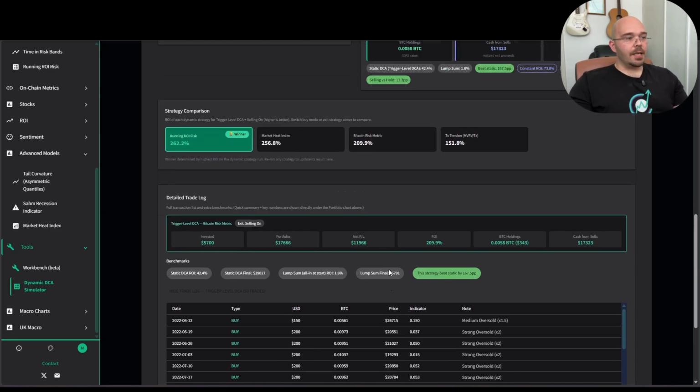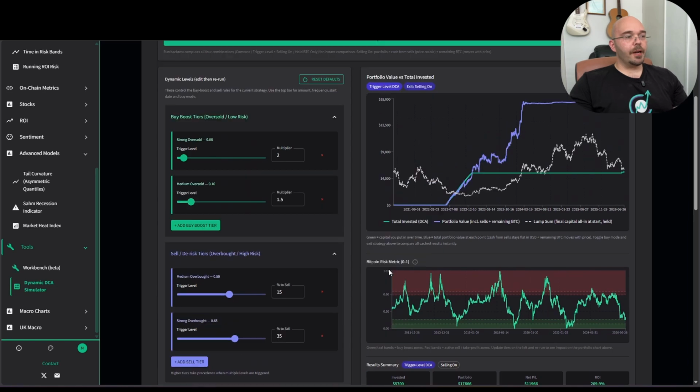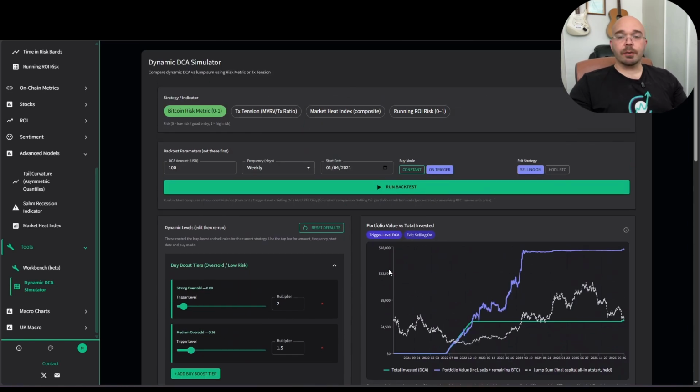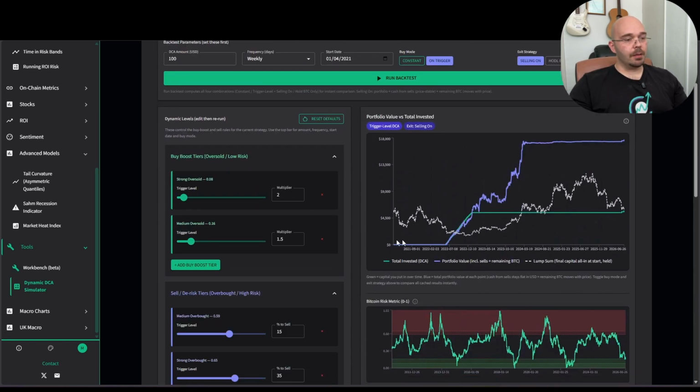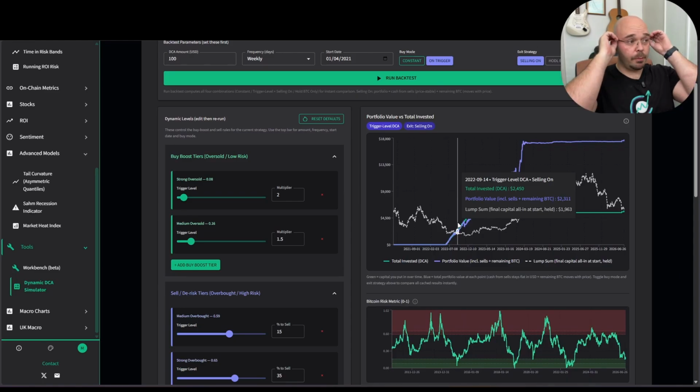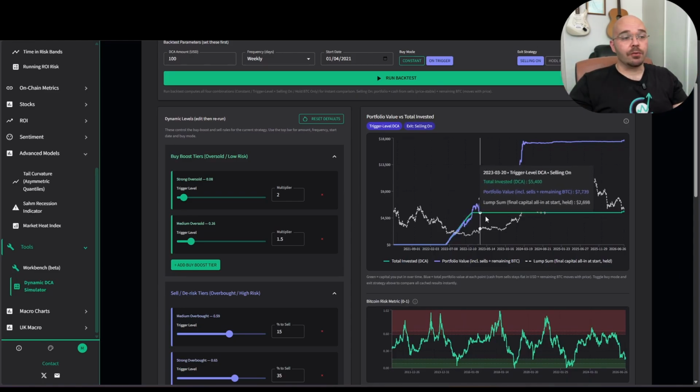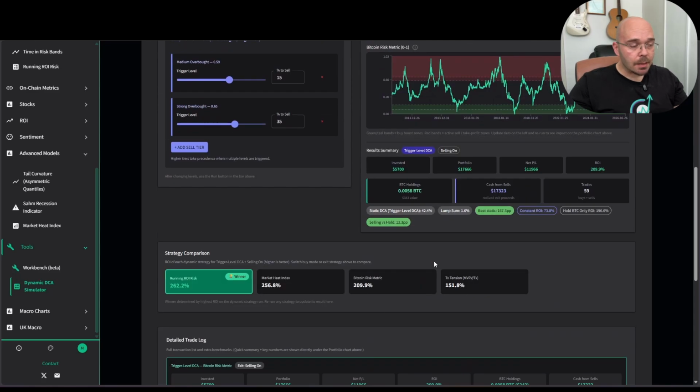So, yeah, this is the risk metric. Feel free to head over to cryptological.app and use it because I think it can really be helpful. It can be a helpful tool for people to not get wrecked and to try and maximize their return on investment. Because, look, you've got a little league table down here with a winner with a little trophy symbol. So it's obvious it's a winning strategy.